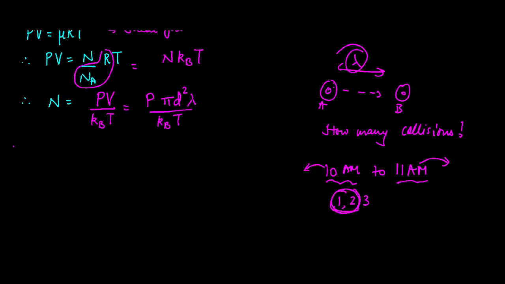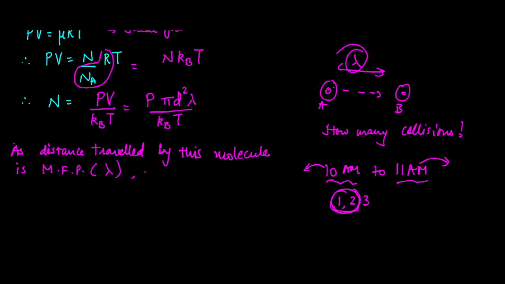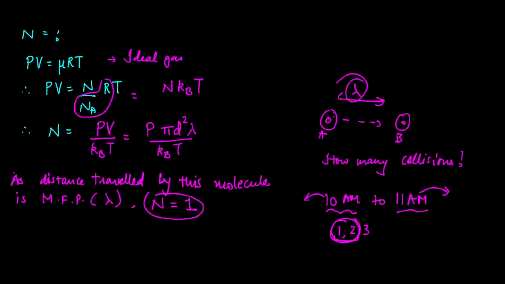So we say that the distance traveled by this molecule is mean free path, that is lambda, n should be equal to 1. Did you understand this? Because number of molecules in that volume is same as number of collisions.